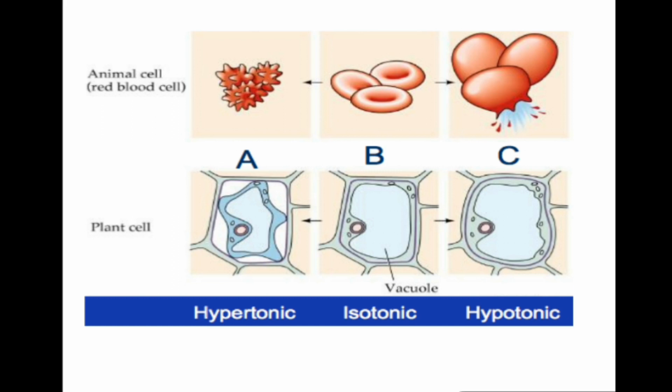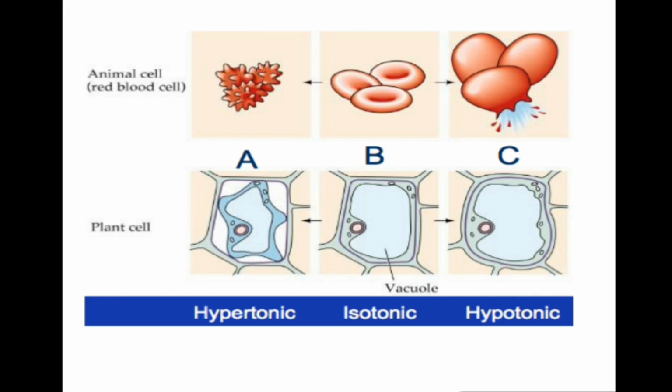For example, if you're keeping a plant and animal cell in isotonic solution, they will attain a balance in such a way that the exchange of materials with its environment will be the same and the cells will remain as they are.